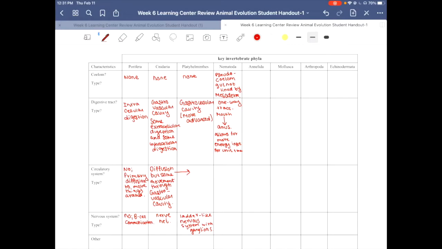And for the circulatory system, we're going to start to see a hydrostatic skeleton. So there's going to be diffusion and some facilitation of circulation via fluid movement.